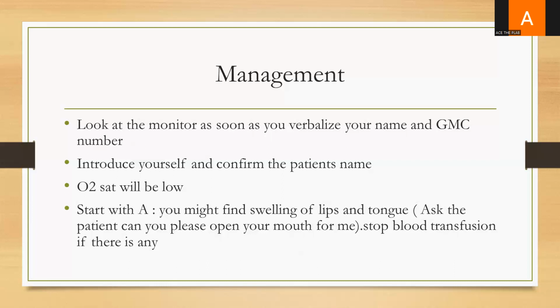Then you will verbalize for the examiner that it seems like my patient has an anaphylactic reaction as his lips and tongue are swollen, and also he has difficulty in breathing. So I will give my patient adrenaline 0.5 ml, 1 in 1000, intramuscularly in the anterolateral part of the thigh. And then we will move to the medicine cart.